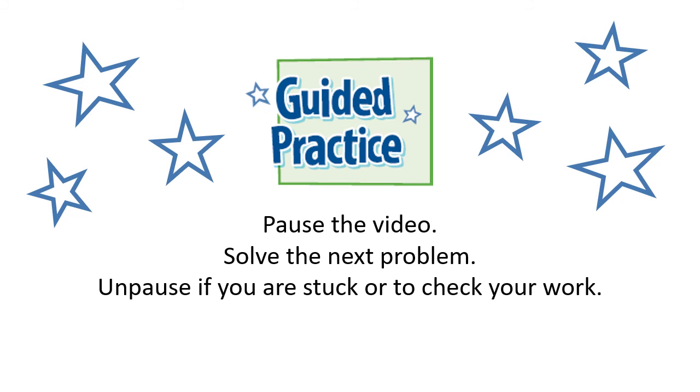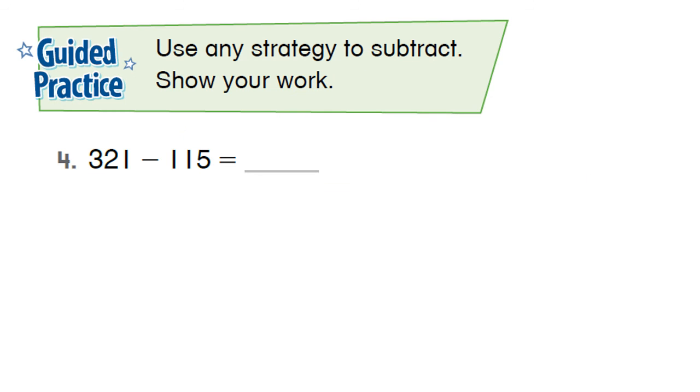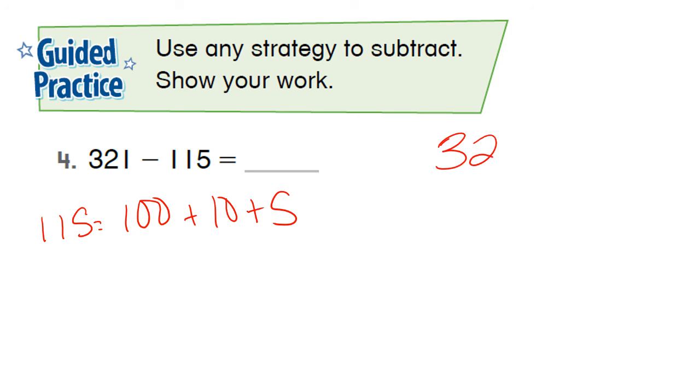Pause the video, solve the next problem, unpause if you are stuck, or to check your work. This is problem number 4. 321 minus 115. I'm going to do the same thing that I did. I'm going to break up 115 into 100 plus 10 plus 5. That is the expanded form of 115. And now I'm going to subtract each place value at a time from 321.